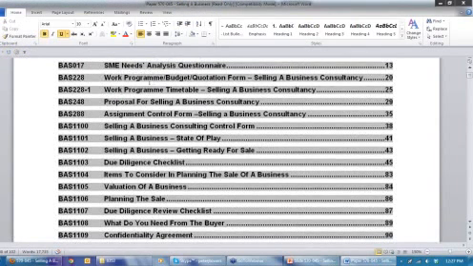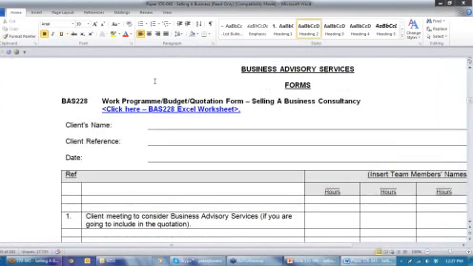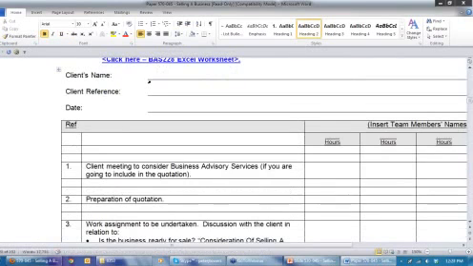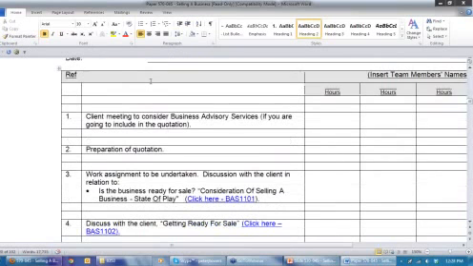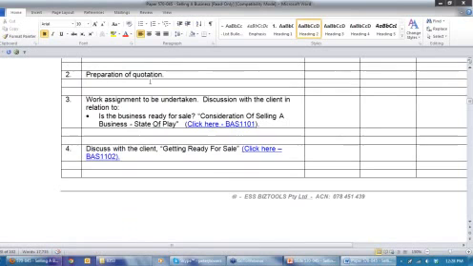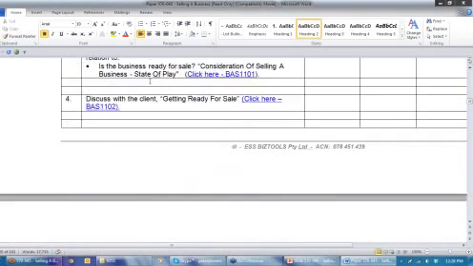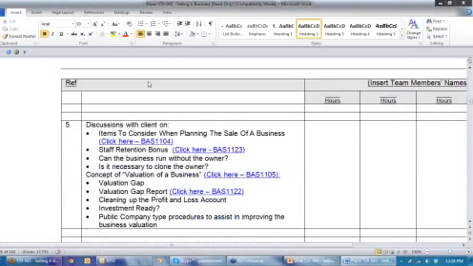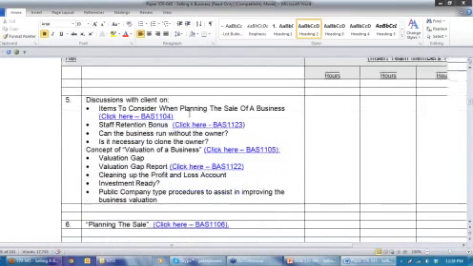The other information which we have in the system is a form to assist you to prepare the quotation to undertake this work. So this is a form similar to what is included in the other business advisory services modules, whereby you can go through and look at all the various work to be undertaken.